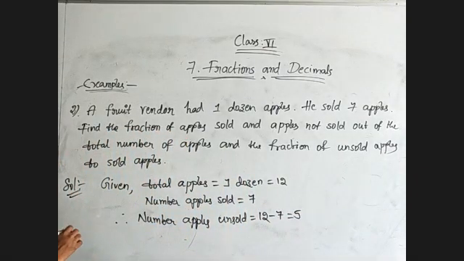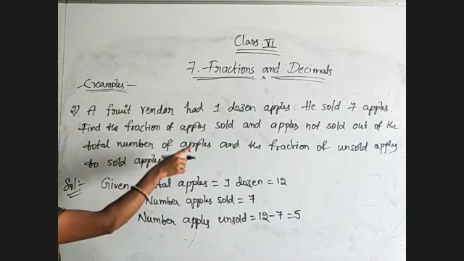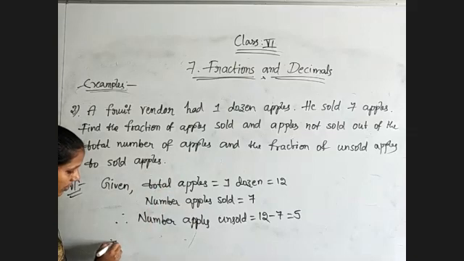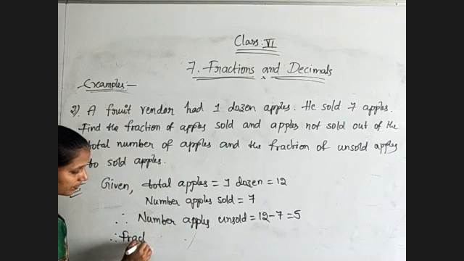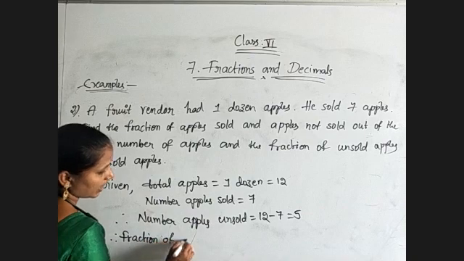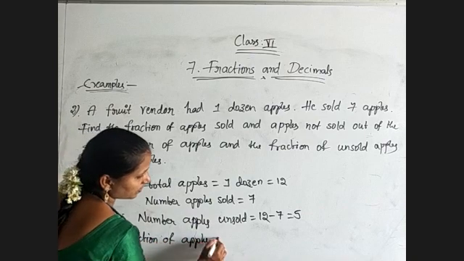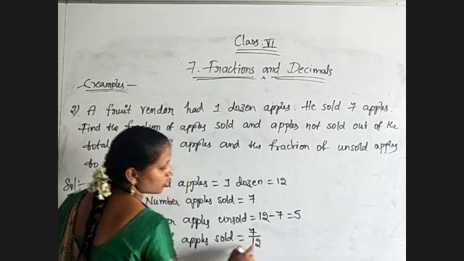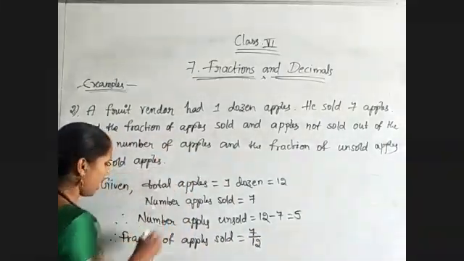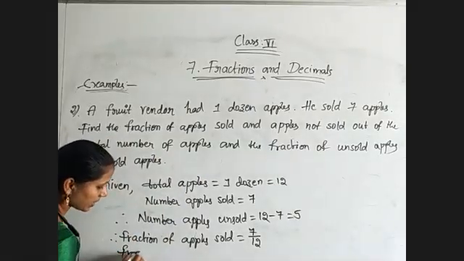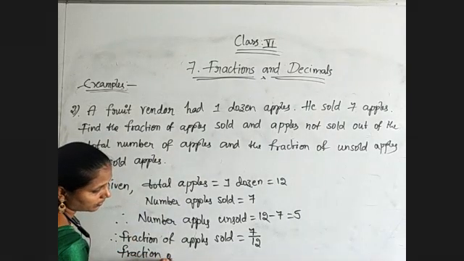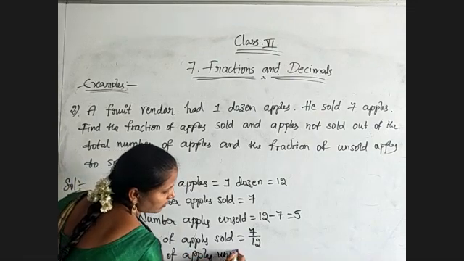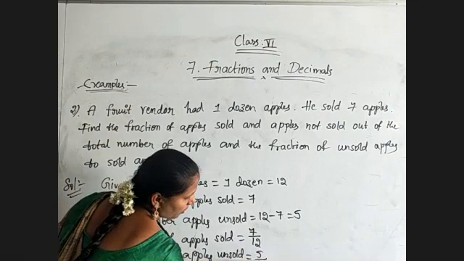Okay. Now the first fraction: find the fraction of apples sold of the total number of apples. So therefore, fraction of apples sold is equal to 7 out of 12. Total they are asking. Okay. And fraction of apples unsold is equal to 5 out of 12.